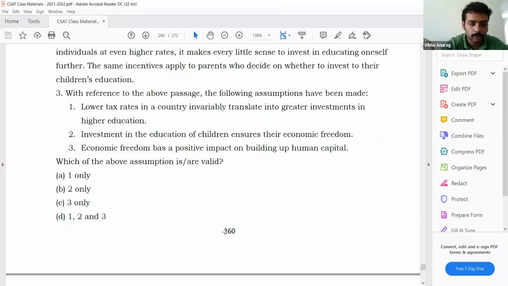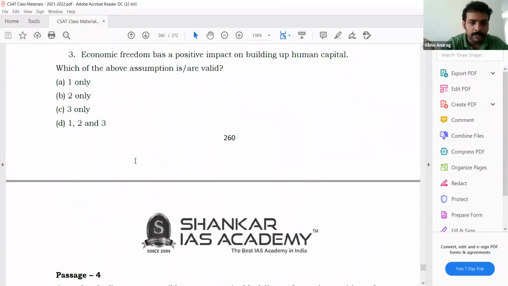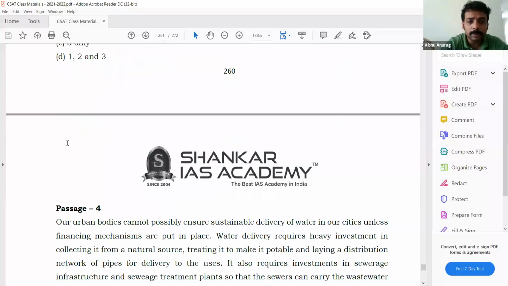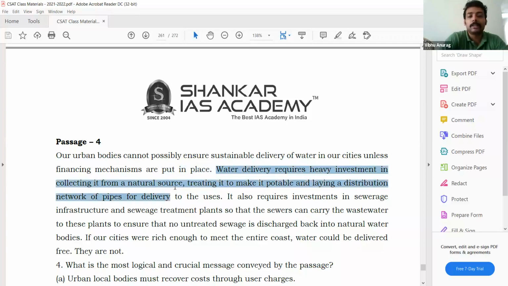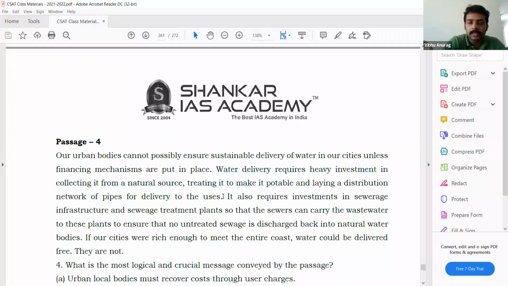No doubts? Okay. In passage 4: our urban bodies cannot possibly ensure sustainable delivery of water in our cities unless financing mechanisms are put in place. So we need financing for that. Water delivery requires heavy investment in collecting it from a natural source, treating it to make it potable, potable means drinkable, and laying a distribution network of pipes for delivery to the users.